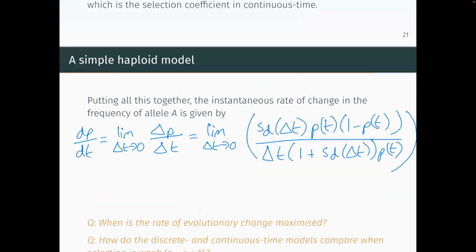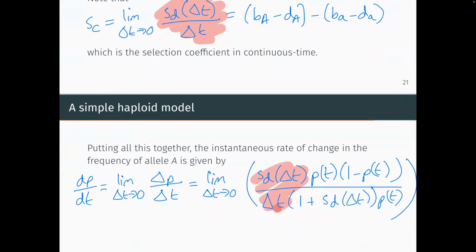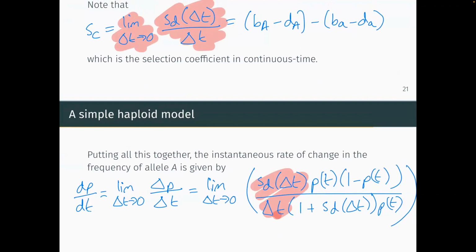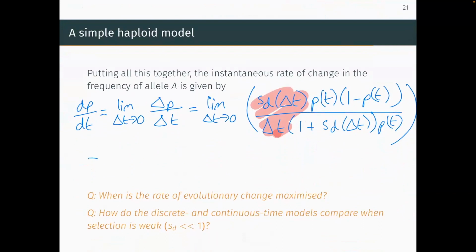So what happens here? Well, we worked out what this limit is, and we defined this to be S of C. So our selection coefficient in continuous time is S_C here.